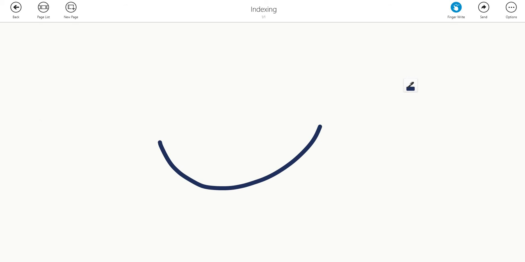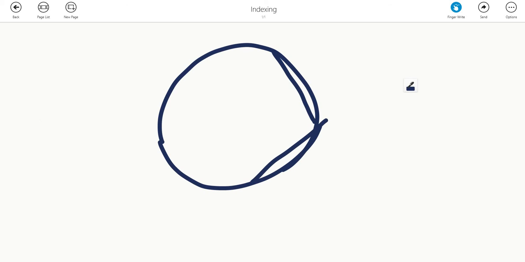Suppose the rod is like this, and you need to divide it into six different parts, like hexagonal parts. That way, if you want to create it, you basically need indexing.